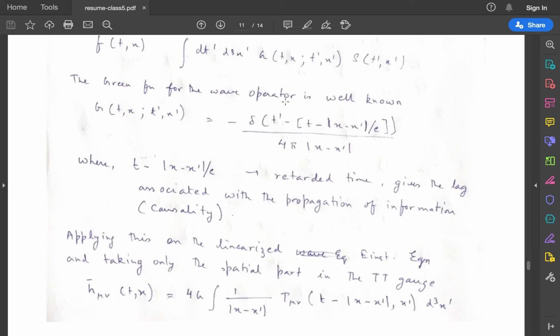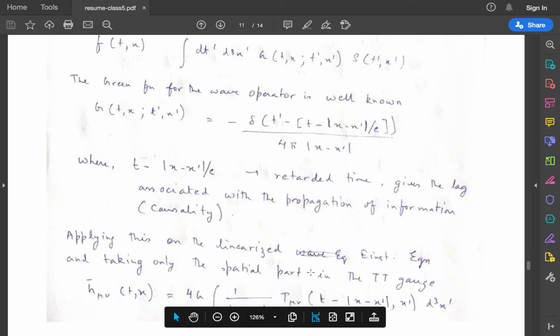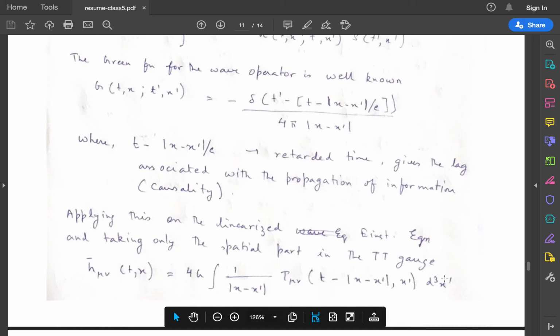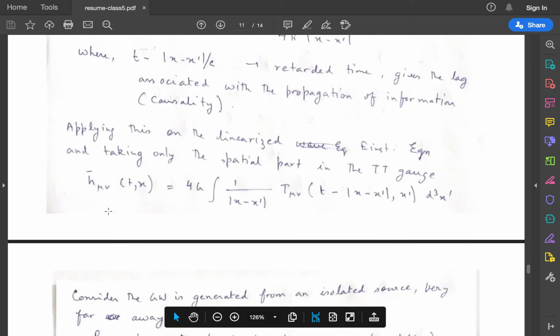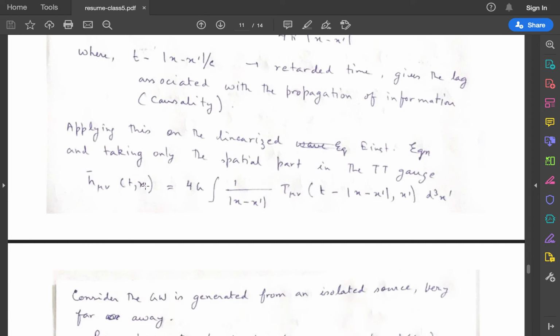If I now use this technique to solve the linearized Einstein equation, taking only the spatial part in the transverse traceless gauge, we can write h̄_μν as a function of (t,x). Here x is not one-dimensional, it can be three-dimensional. G can be assumed to be 1.